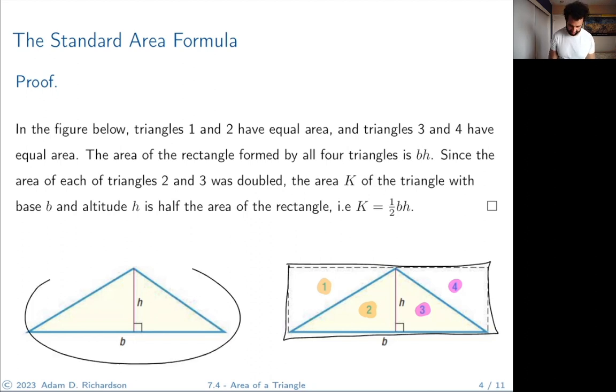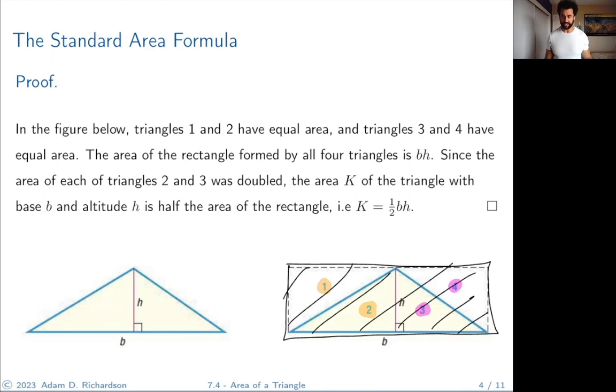So let's say we want to know the area of this triangle right here, the one that I just circled. Well, you essentially construct a rectangle where that triangle is circumscribed inside that rectangle. The area of this rectangle here is just base times height, length times width, right? Good old area of a rectangle.